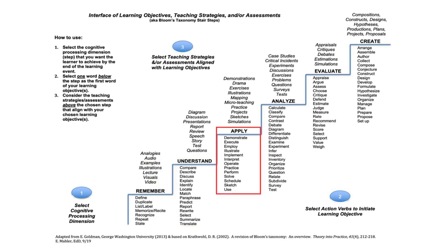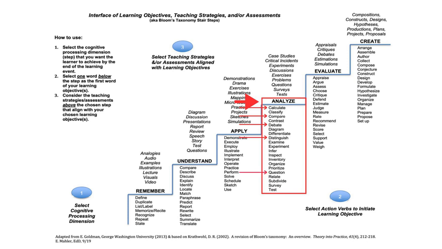Inviting students to try out a new skill for the first time: apply, demonstrate, illustrate, practice, perform. Asking students to employ critical thinking skills to complete an assignment: analyze, calculate, compare, debate, distinguish, question.